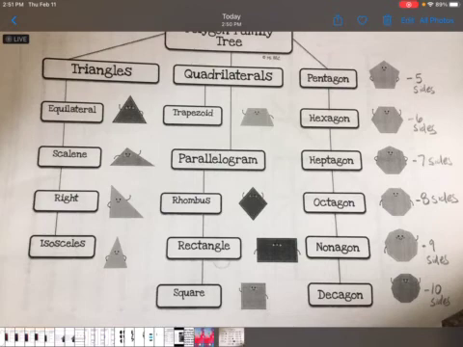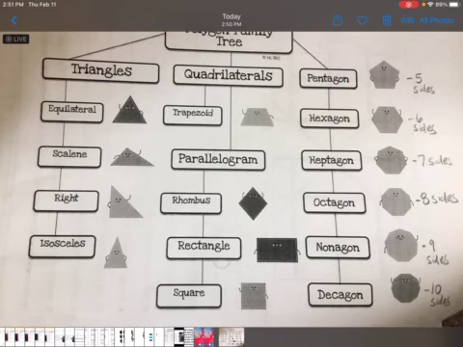The polygon family tree shows you pictures of different triangles and quadrilaterals, and also gives you the name for the number of sides. So you can see I actually wrote those in there: a pentagon has 5 sides, a hexagon has 6 sides, a heptagon has 7 sides, an octagon has 8, a nonagon has 9, a decagon has 10.